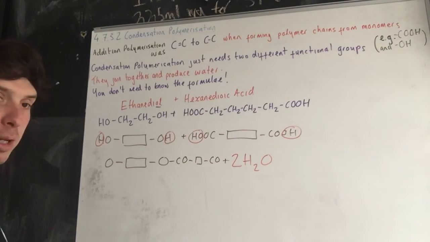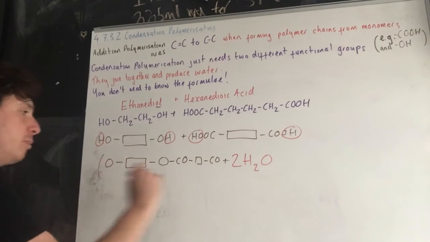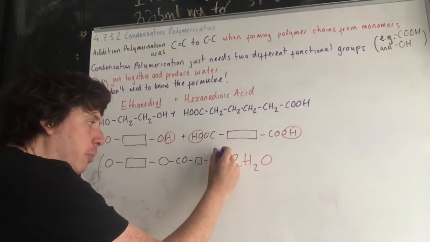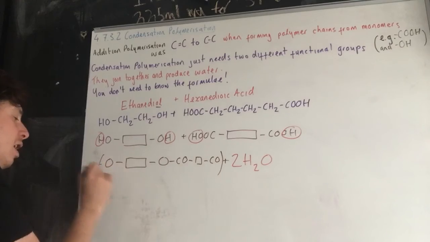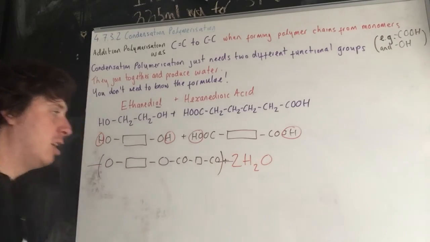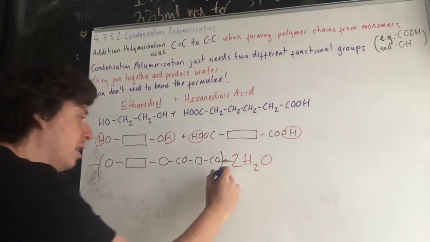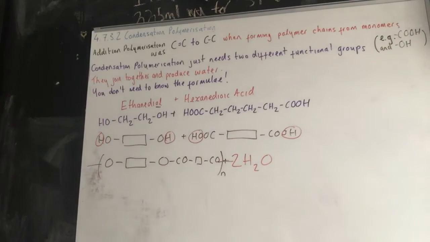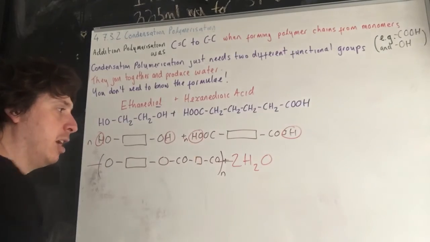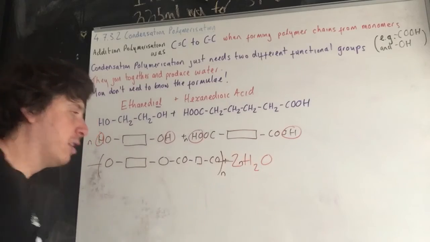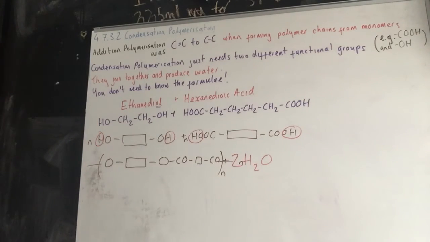Okay, so because it's a polymer, put brackets around the polymer. We represent that with lines either side, and we put an N at the bottom to represent that we can make this more than one. Okay, so there could be multiple of these, there could be multiple of these, and of course for every single one of those there's going to be that as well.